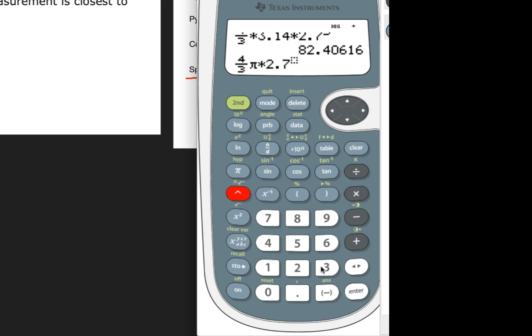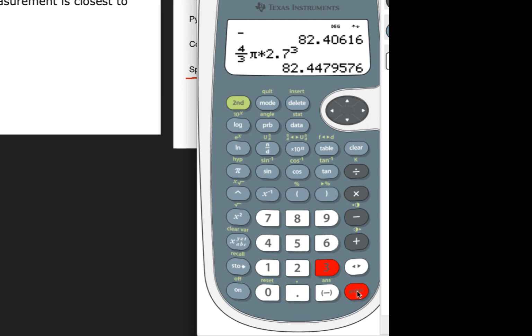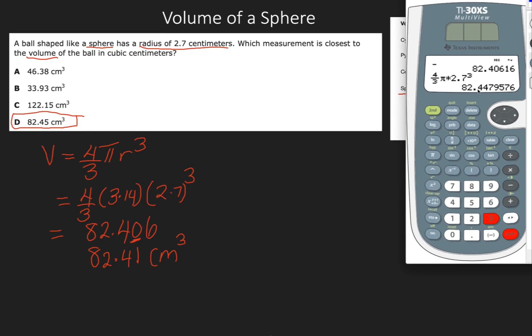We're going to raise that to the third power, go to the right, hit enter, and notice you have 82.447, and that 7 changes that 4 to a 5. But again, the answers are far apart. There's only one 82 there in the answer choices.